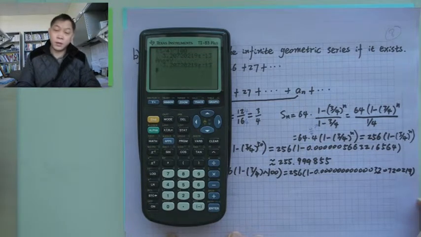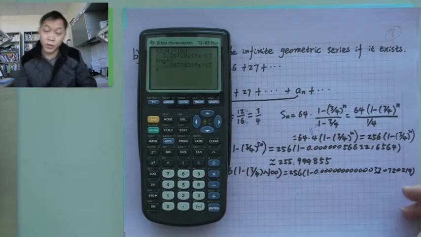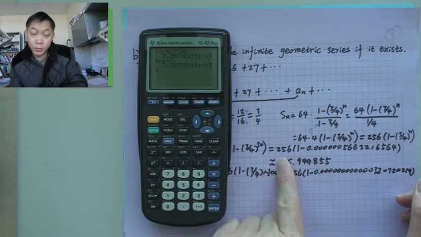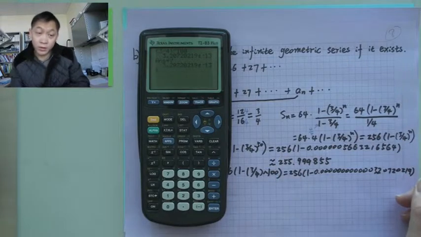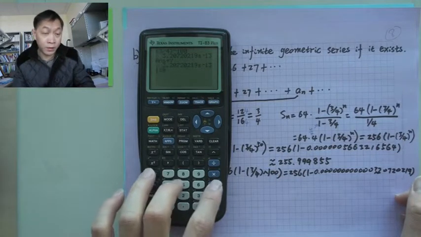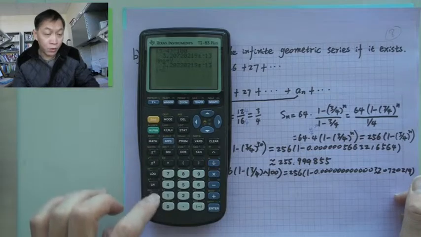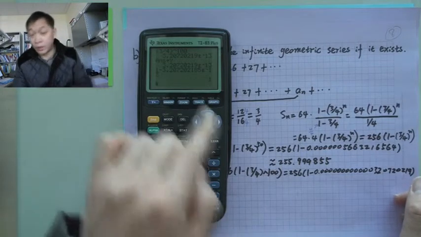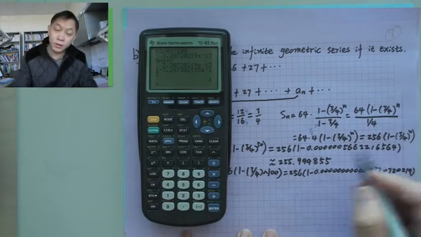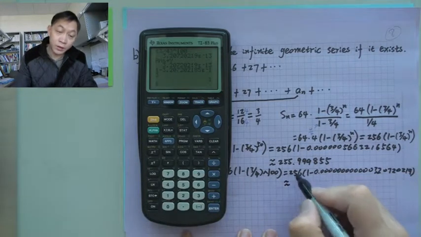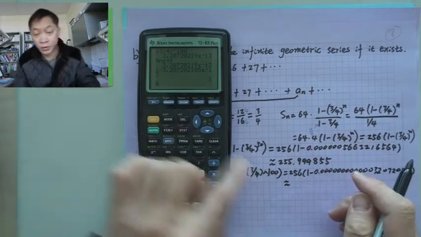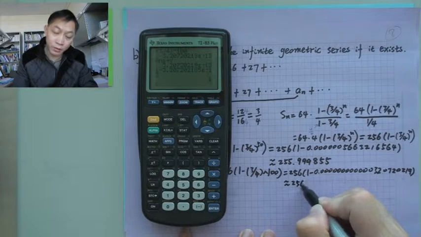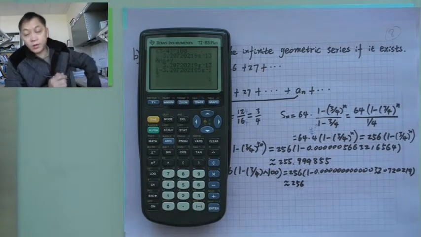Alright, now then 1 minus this even smaller number, apparently then this number is even closer to 256. Okay, you see 1 minus, you recall this number, oh, it's 1, you see. Okay, so this number is approximately 1 times 256, is approximately 256.